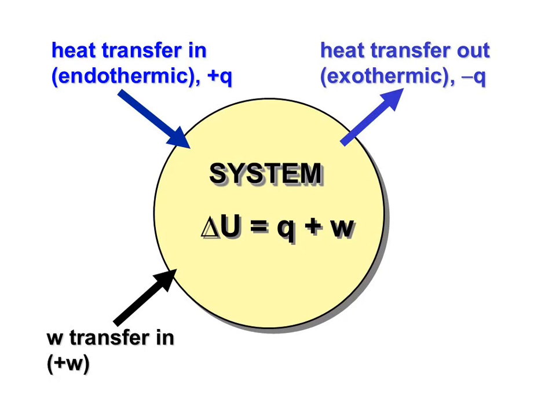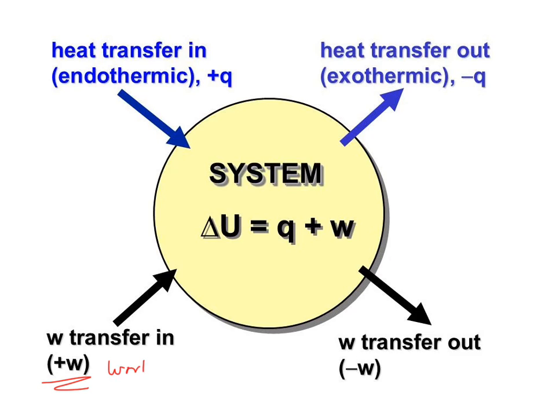Here we have work done on the system, and here we have work done by the system. Example I looked at a minute ago, this is work done on the system. I would emphasize the word on. And this over here, and you can all see this arrow going outward, this is actually work done by the system.